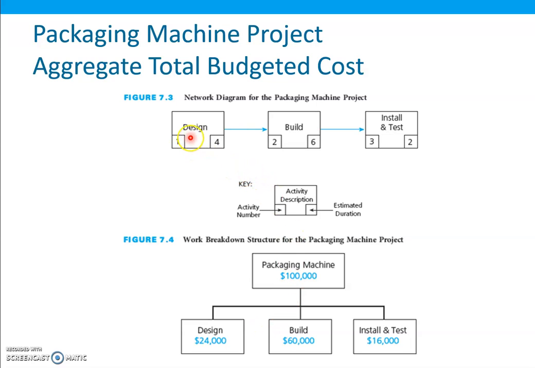So for example, this is the network diagram for a packaging machine project. Design, build, install, and test. Okay, and then the packaging machine has the total budget of $100,000, of which design is $24,000, build is $60,000, and install and test is $16,000. So total will be $100,000.